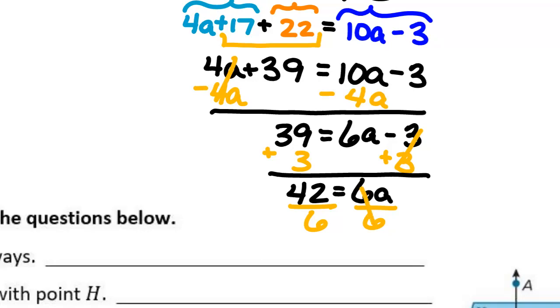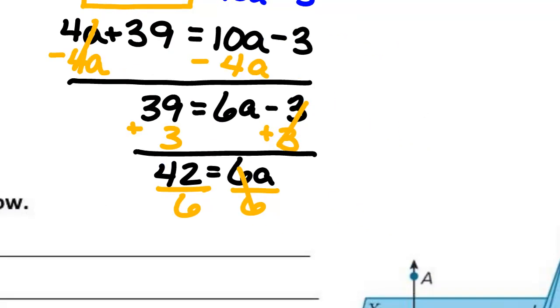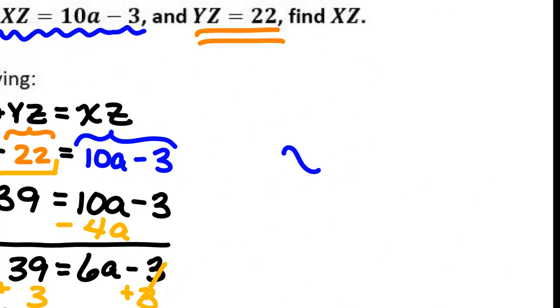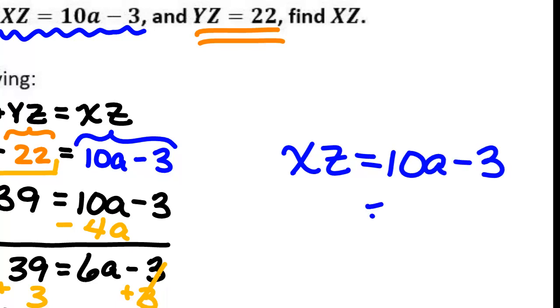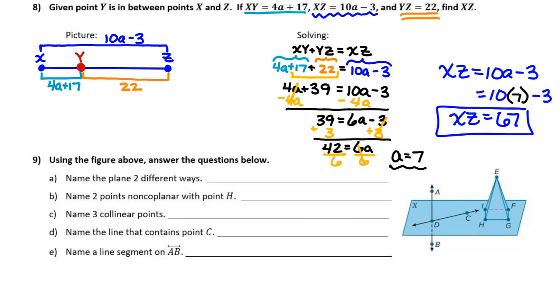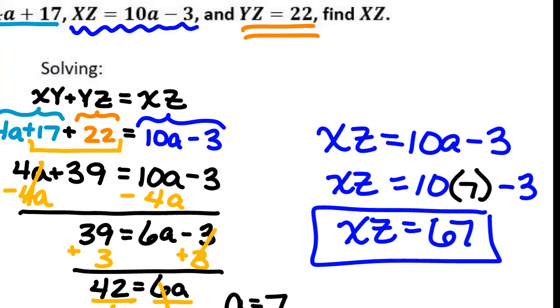Divide both sides by 6, and that means A is 7. They wanted me to find XZ. From X to Z is 10A minus 3. So we do 10 times 7 minus 3. So 70 minus 3 is 67. All right.